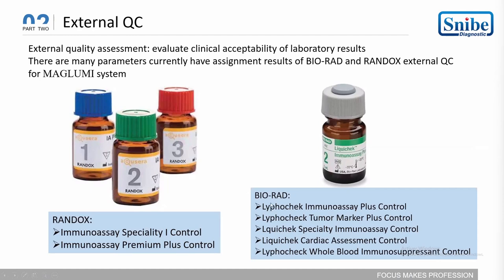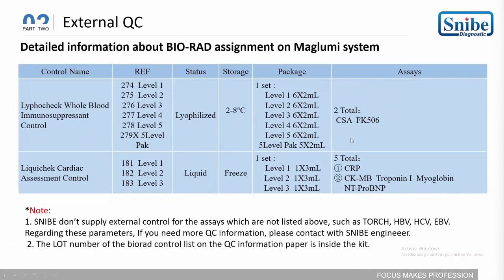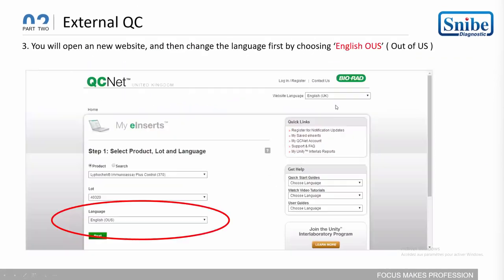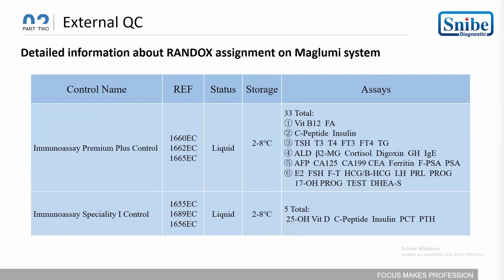So from Biorad we have five controls, and from Randox we have two. From Biorad we have 28, so 42, 46, 48, and 53. So 53 parameters have quality controls from Biorad, plus 38 from Randox.